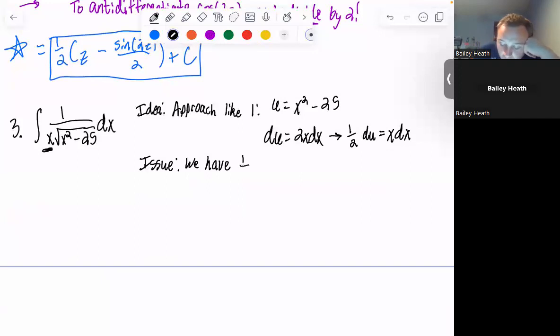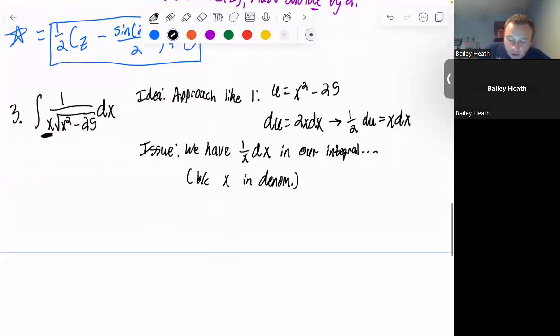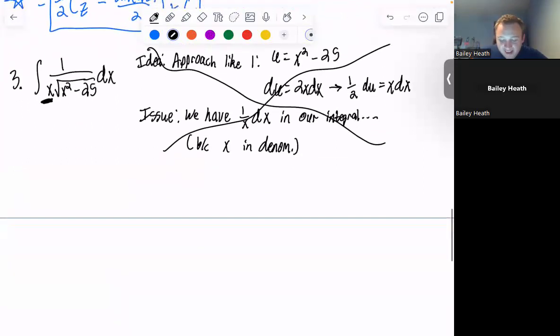We have 1 over x dx in our integral. Right? Because this x is in the denominator. So unfortunately, this idea that we have isn't going to quite work out like it did up in problem 1.